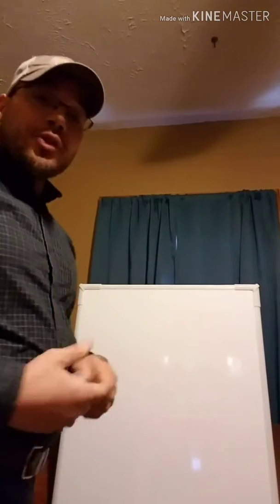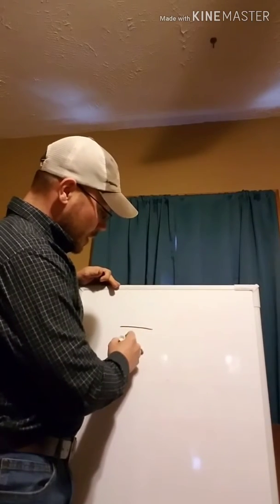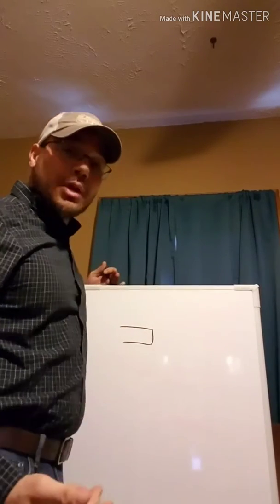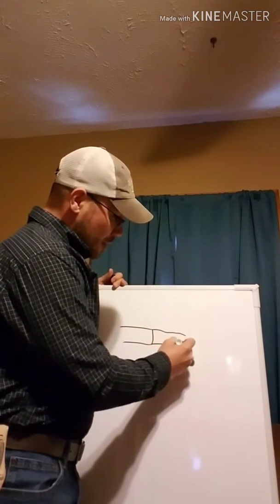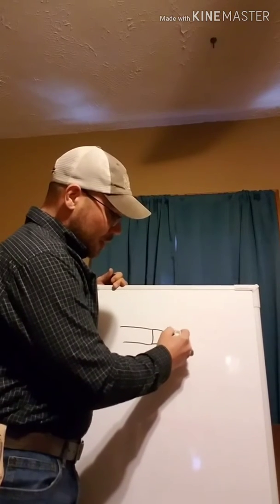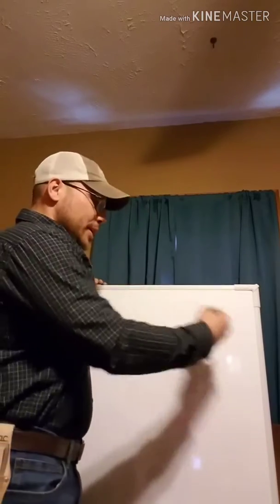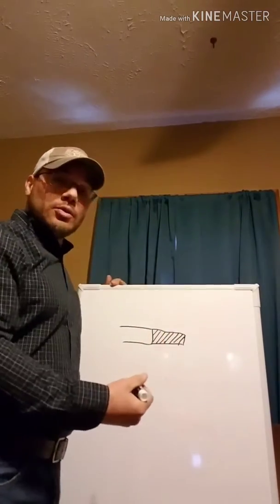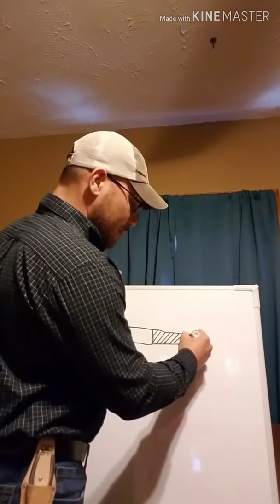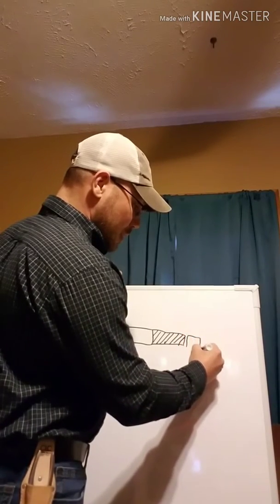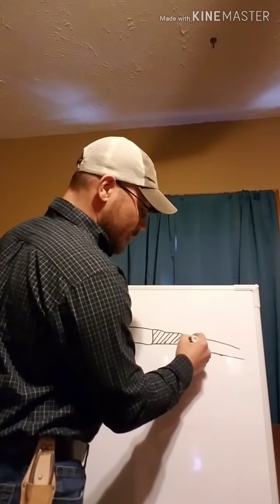Okay, so what running threads are is basically you take a piece of conduit, and at the end, here, this would be a manual thread thing. You thread it longer than you actually need. Okay, and that can be on this end and the other end, or a lot of times you only need to do one end. Now the reason that they do that is so that the next piece of conduit here has regular threads.